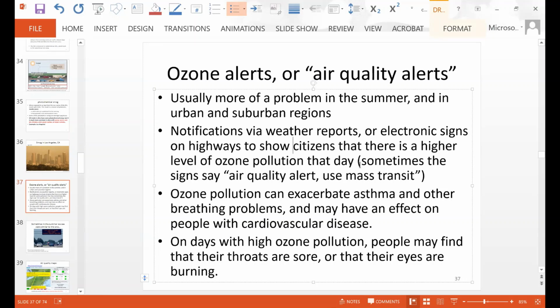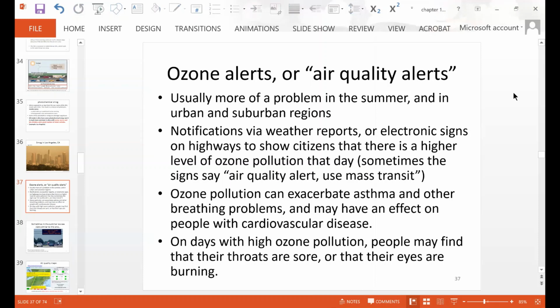Sometimes the signs will say air quality alert, use mass transit. So ozone pollution, again, can exacerbate asthma and other breathing problems, but it also may have an effect on people who have cardiovascular disease. On days with high ozone pollution, people may find that they feel irritated in their eyes and their throats, even if they don't usually have allergies or they don't usually have asthma. Typically, these are the days where people who are more sensitive are going to want to stay inside with air conditioning.